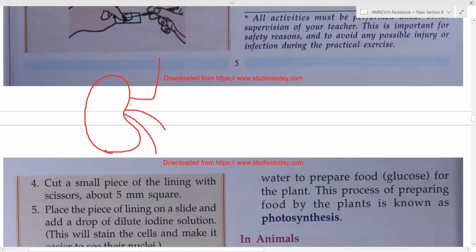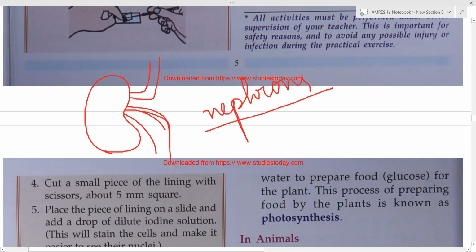I am doing one kidney only. There are your veins, nerves. This kidney inside has your nephrons. This is not required, just for explanation I'm telling nephrons. Nephrons are there for filtration of our blood. Basically, the work of the kidney is to remove waste materials and free our body from waste.